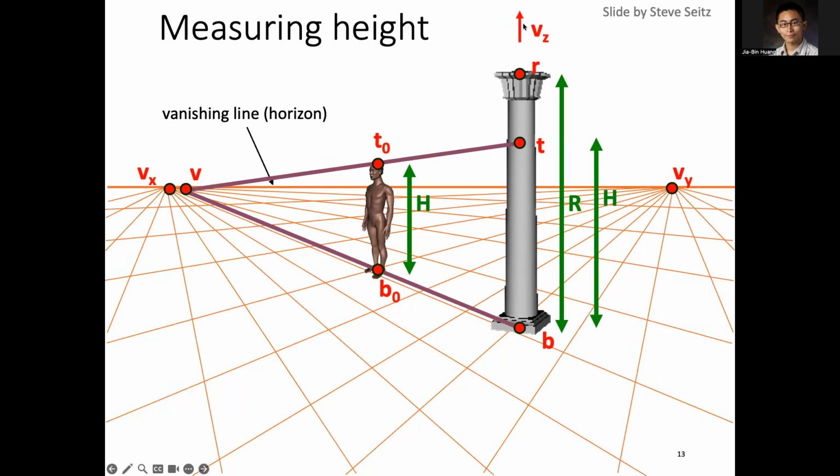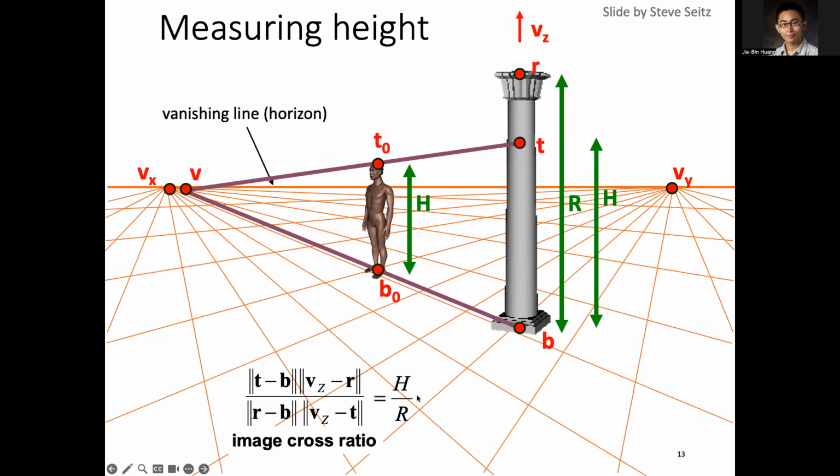This is the height of the person. Then I can compute the image cross ratio, which will be the same as the physical ratio. And then you can use this to figure out the size of this edge. If you know R, I can figure out the size of the edge.